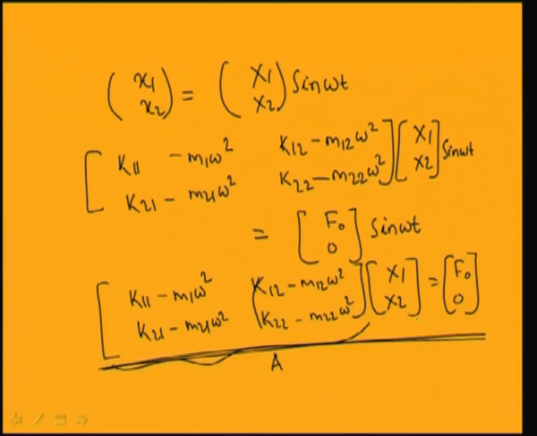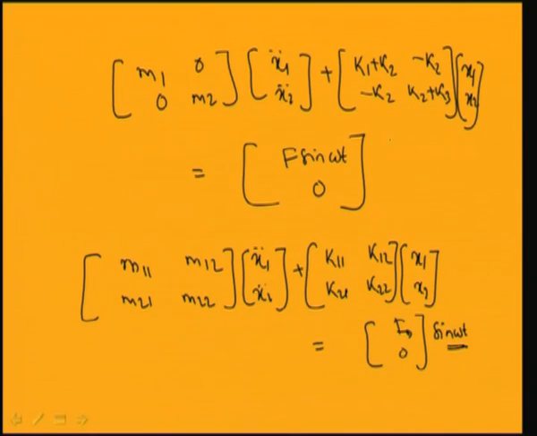In that way, by using Cramer's rule also you can find the solution x1 and x2 of the system. For the system we have taken before, the mass matrix becomes [m1 0; 0 m2] and the stiffness matrix equals [k1 plus k2, minus k2; minus k2, k2 plus k3].